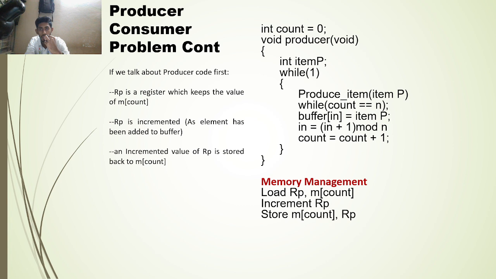This is the logic. And lastly, the memory management: load RP m count, increment RP, store m count RP. In this last part, the memory, after running the code, the execution part is stored here.